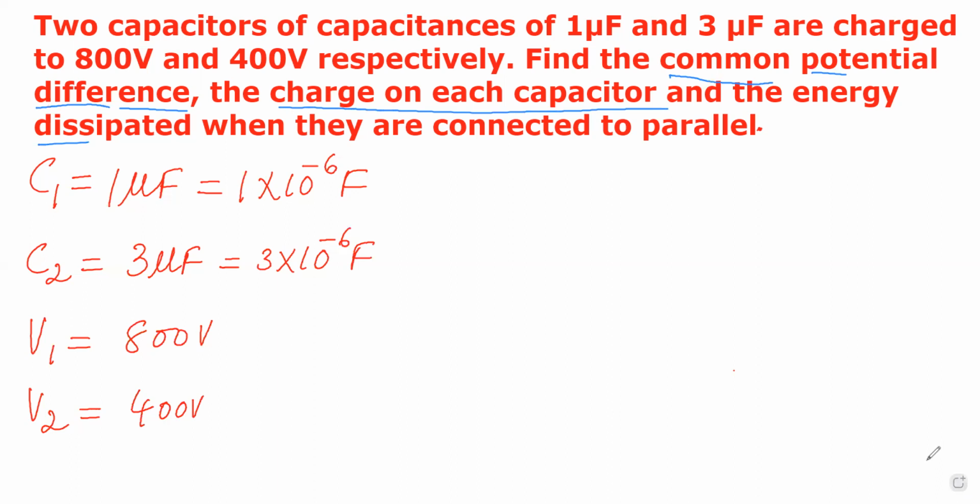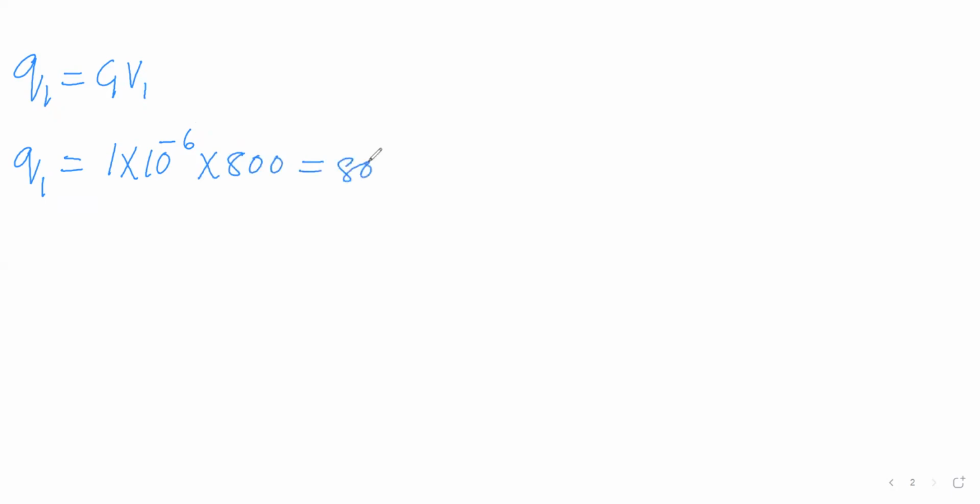Let us see the formula. The charge on the 1 microfarad capacitor before connecting is Q1 equals C1 into V1. So Q1 equals 1 into 10 to the power minus 6 into 800, that is 800 into 10 to the power minus 6 coulomb.